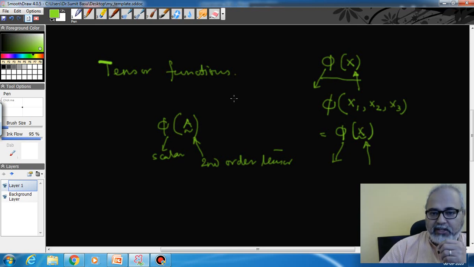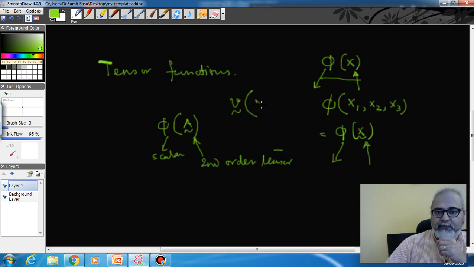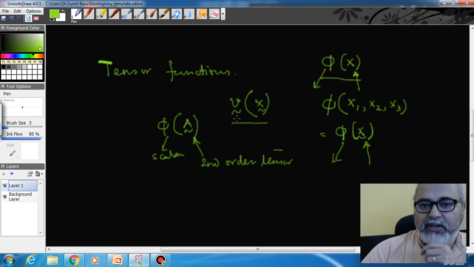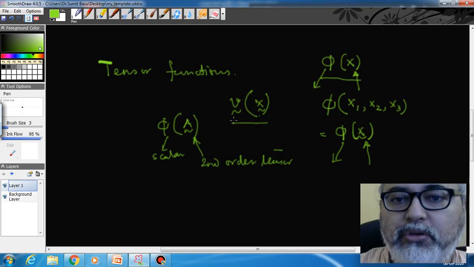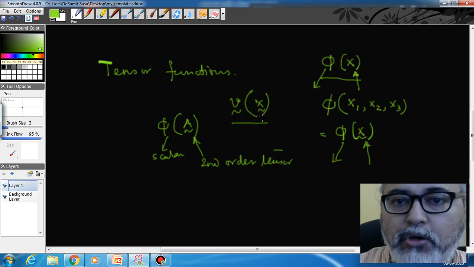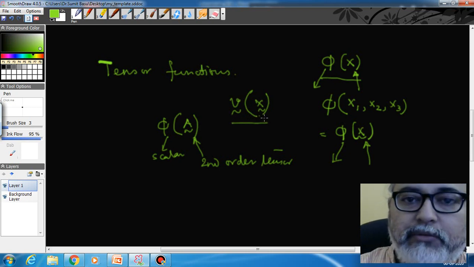We can think of a vector valued function which is a function of the position vector at a point. Say this might be the velocity of a particle in a fluid, where velocity itself is a vector, but it varies from point to point. So this is a vector valued function of a vector.